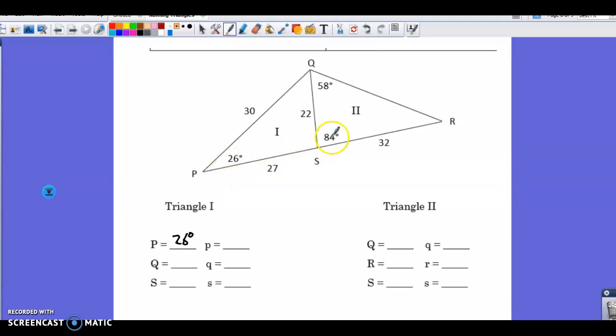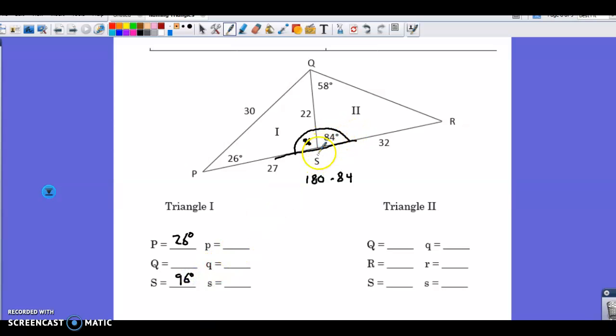But these two angles are a linear pair. They're on a straight line. So these two angles have to add up to 180. And 180 minus 84 is 96. So that's going to be a 96 on that side.